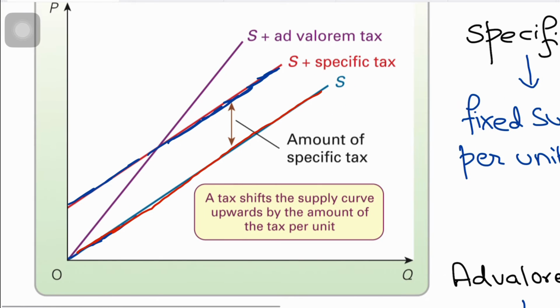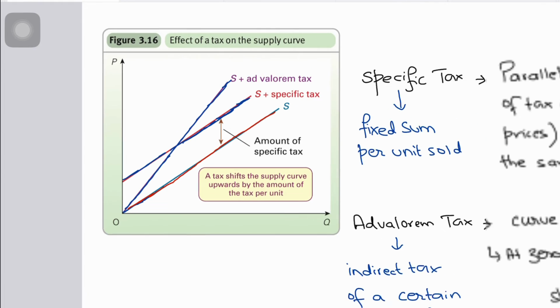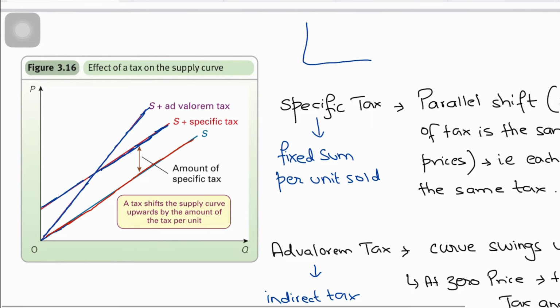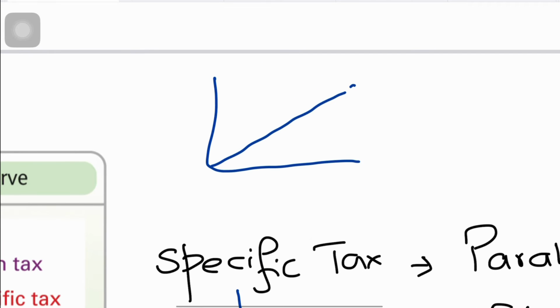That is why at higher quantities and at higher prices, the gap between the two supply curves opens up, as in the gap increases. So an ad valorem tax would cause supply to shift inwards, as in swing upwards, basically. That's the correct terminology for it.